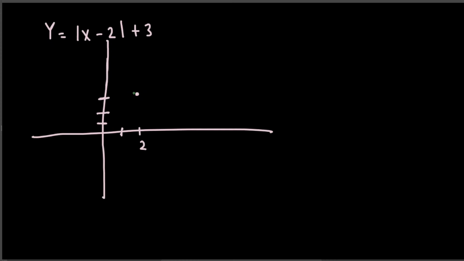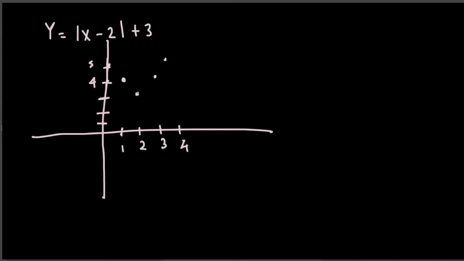So if I plot points, this is 3, and then when x is 1, it's going to be 4. It's like 1, 1, and when x is 3, it's going to be 4 as well, and when x is 0, it's going to be 5, and when x is 4, it's going to be 5 as well.